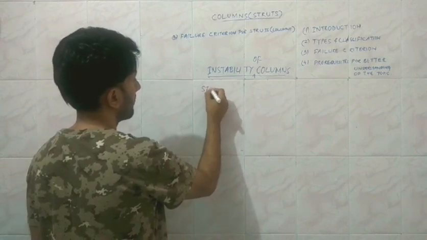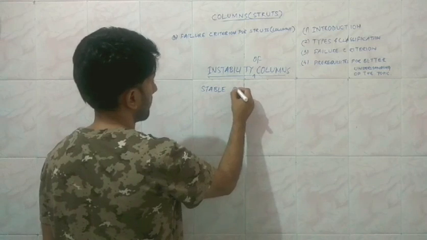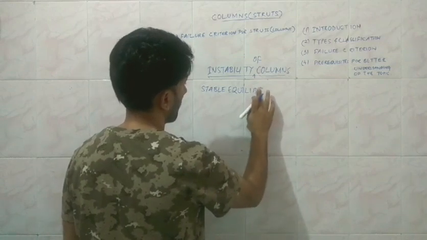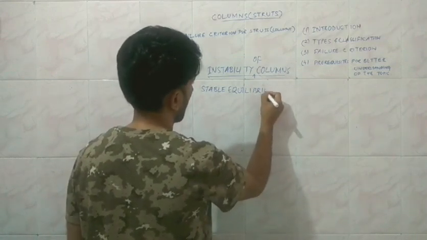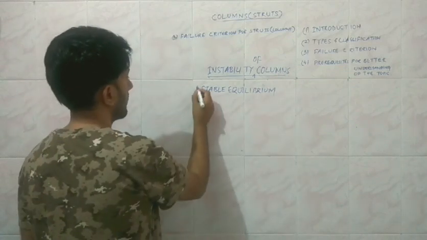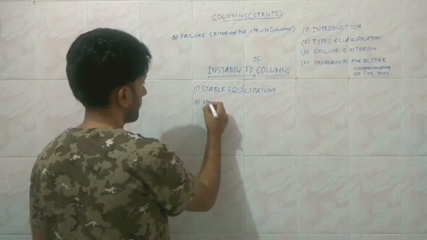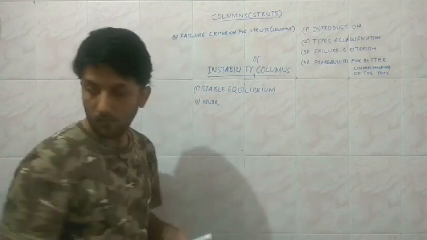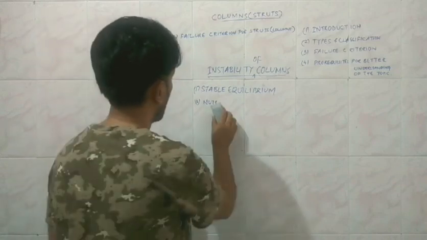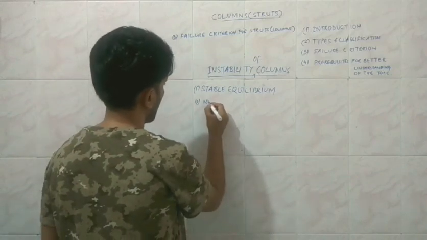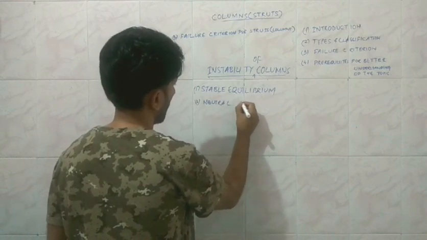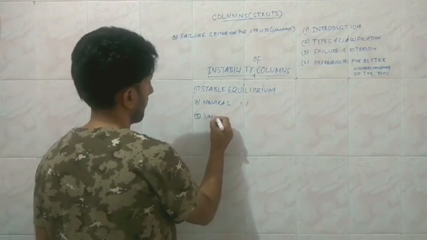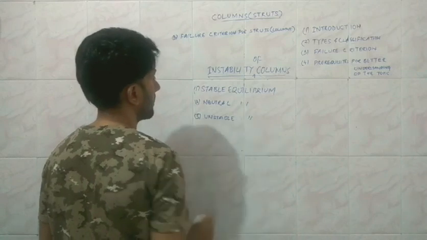That is stable equilibrium, another is neutral equilibrium, and the third one is unstable equilibrium.